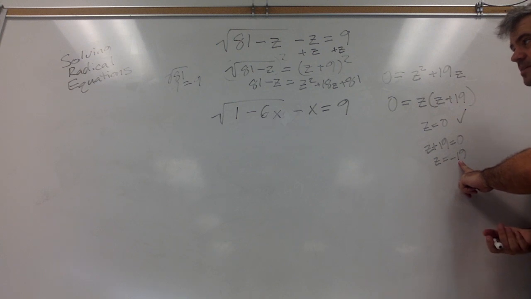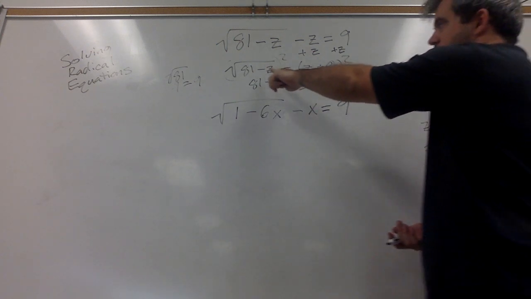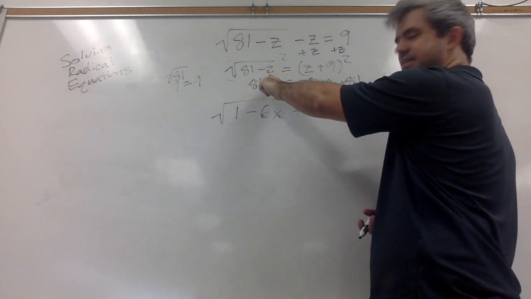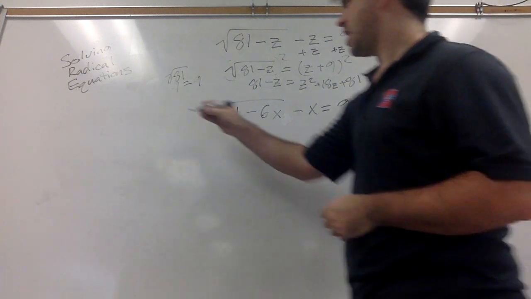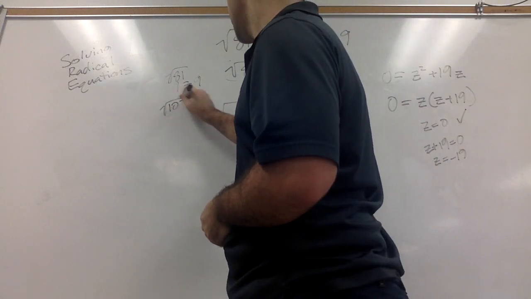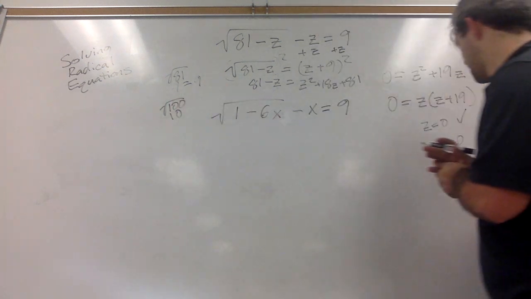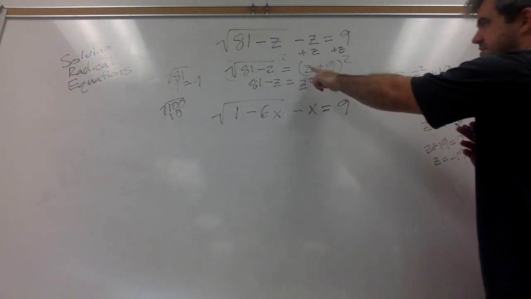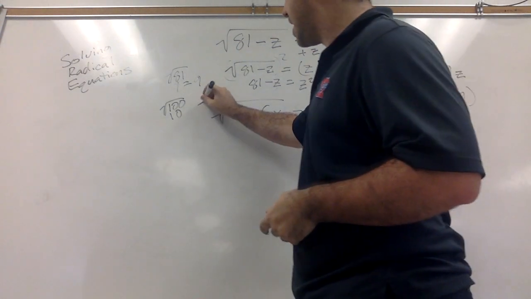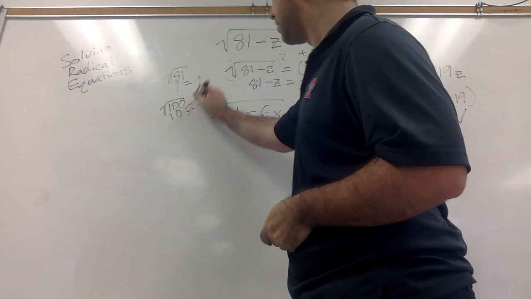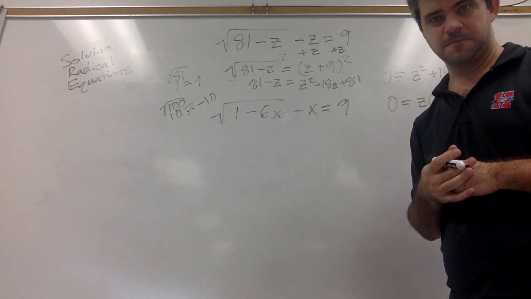Negative 19, okay? So 81 minus negative 19, that's 100. So square root of 100 is 10, okay? Negative 19 plus 9 is negative 10. Those are not equal, okay?